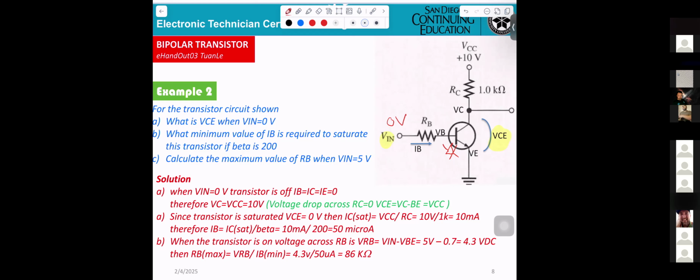Now in here, 10 volt. When no current flows, what voltage drops here?